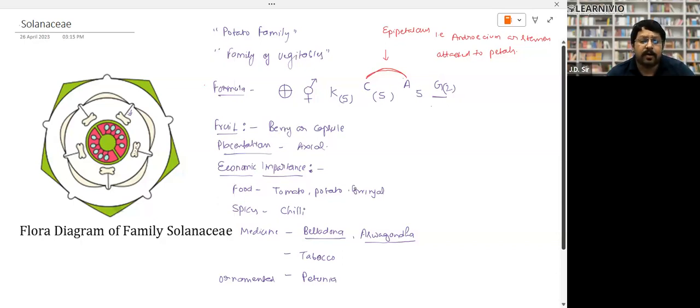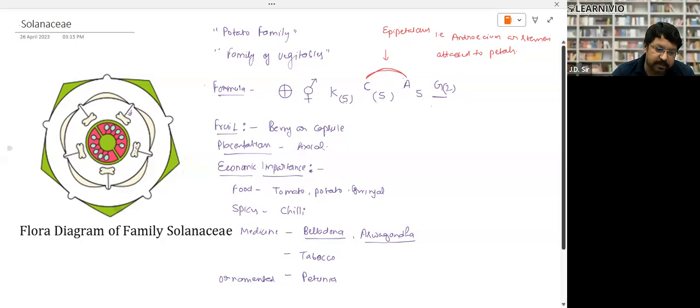How will I read the floral formula again? Actinomorphic, bisexual, calyx 5 gamo, corolla 5 gamo, androecium 5 polyandrous, epipetalous, gynoecium 2 gamo, ovary superior. Right. These are the sepals, petals, stamens. They are united with the petals.